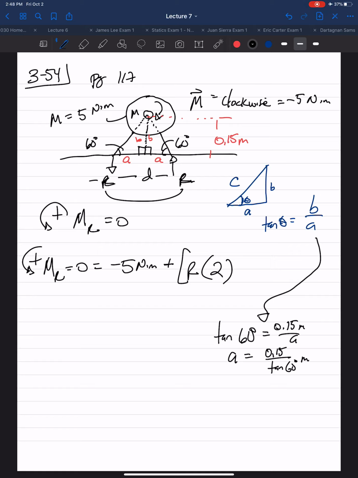So 2 A's is the total perpendicular distance D. So it's 2 times 0.15 over tan of 60 degrees. Sum those up and set it equal to 0. Solve for R. R equals 28.9 newtons.